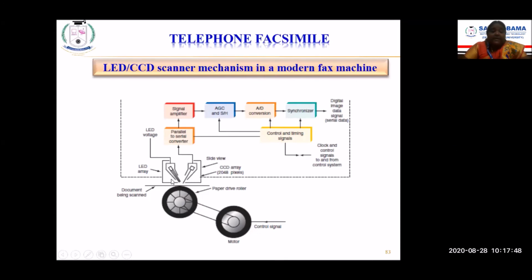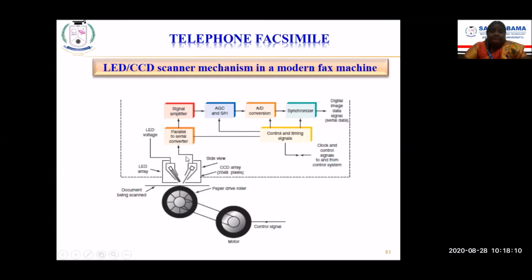We have to illuminate the document with the help of a light source, and there will be LEDs which will be illuminating it. The LED voltage is provided here, the document is scanned at this point, and it is captured via the CCD array.